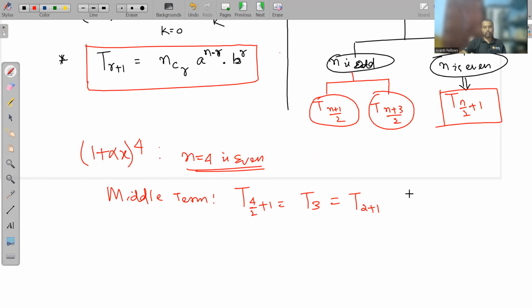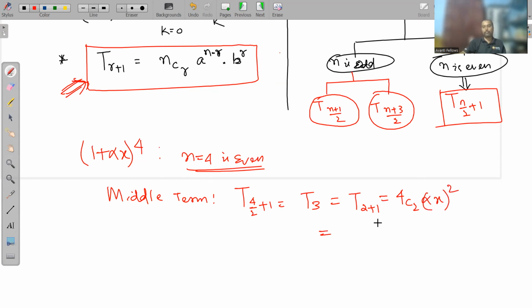If r becomes 2, then what will the middle term be? If we replace n equal to 4 and r equal to 2 in this formula, we get 4C2 into 1 to the power 4 minus 2, which is 1, and alpha x to the power r, that is 2.